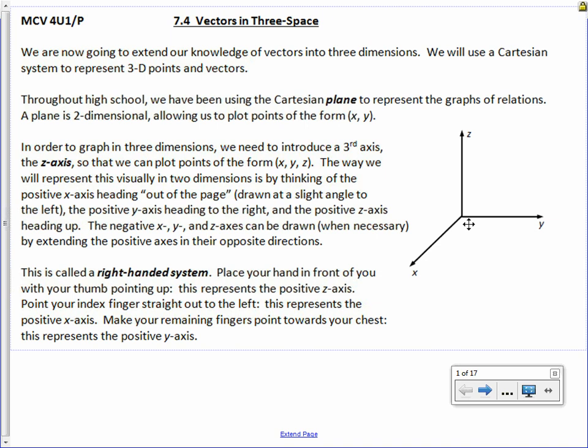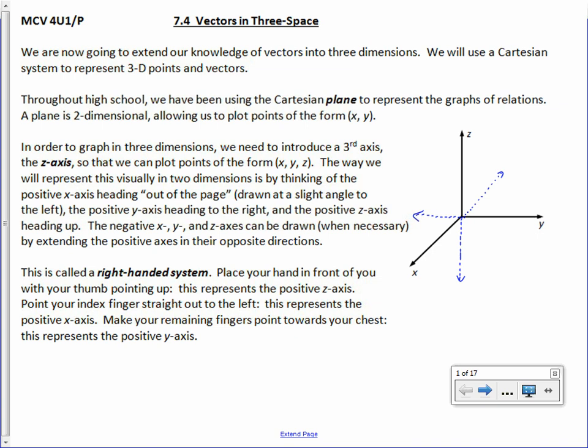And so right now, just to lessen confusion, I've just drawn the positive x-axis, the positive y-axis, and the positive z-axis. How would the X one go in? Into the board would be the negative x-axis. To the left would be the negative y-axis, and down would be the negative z-axis.